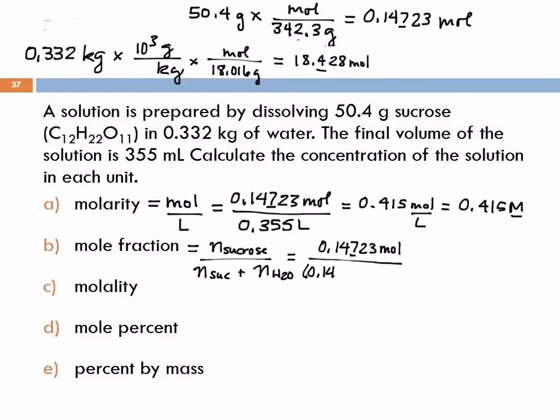And I've got 0.14723 moles plus 18.428 moles on the bottom.